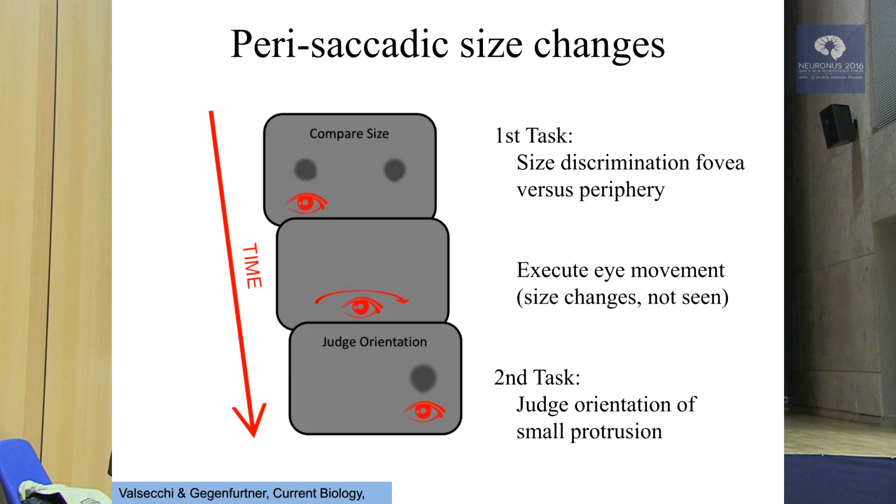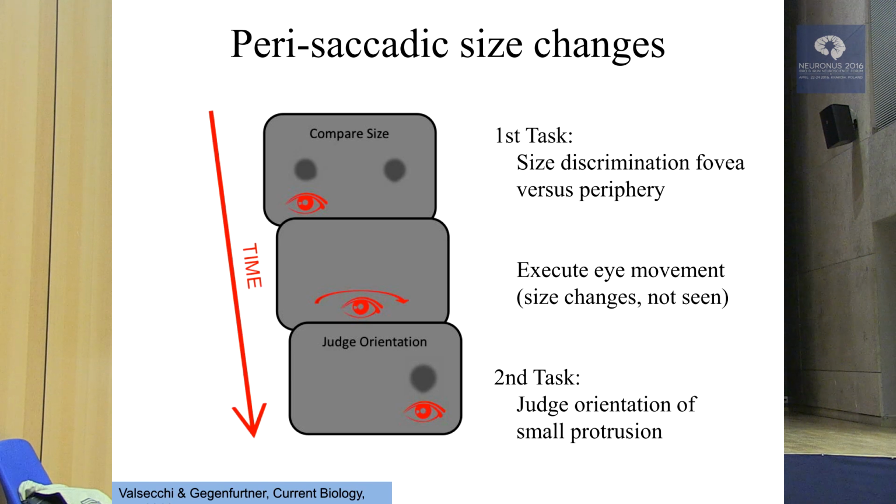And then they make a saccade to the peripheral object, and then they have to do a second task. There is a tiny little protrusion on the peripheral object that's really at threshold, and it cannot be seen when you view it peripherally. And they have to say whether this protrusion is pointing down, up, left, or right. But that task is just to keep their attention on the peripheral object.